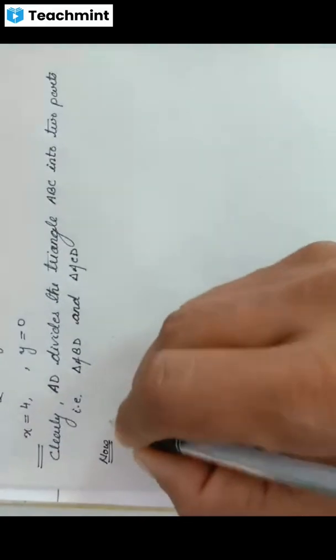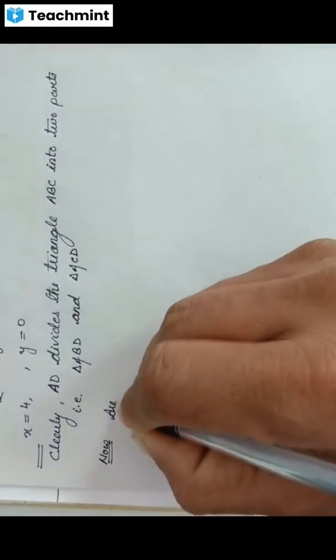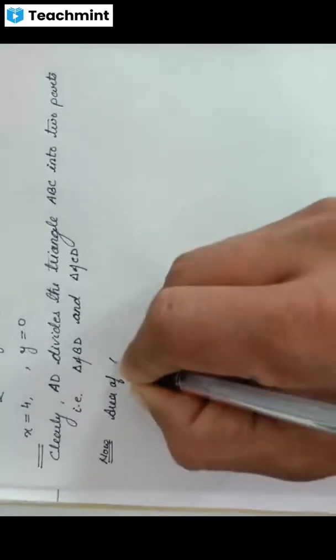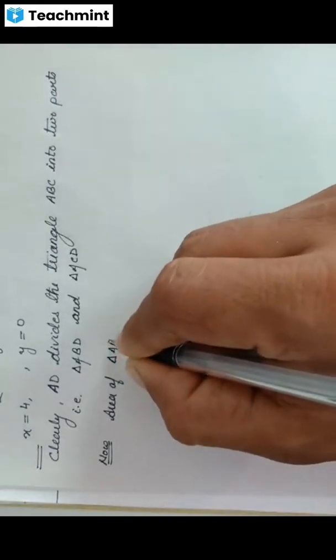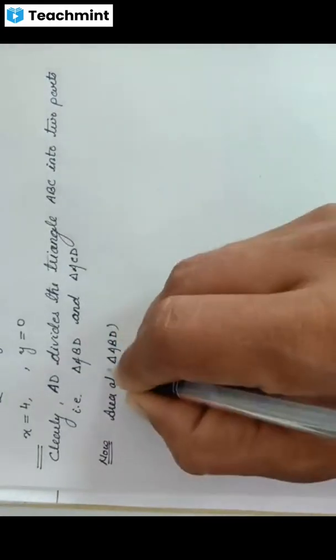Now we have to verify the areas. First, the area of triangle ABD we will find out.